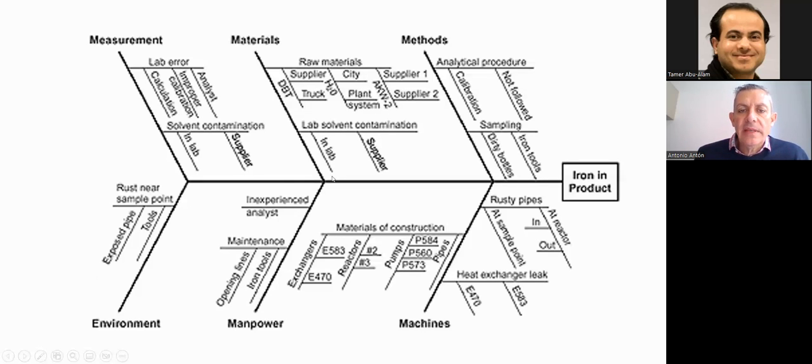Or perhaps it's methods, very simple methods, in terms of sampling or analytical procedure. They find the method comes from the analytical procedure or the sampling, and these are the different causes. Or machines: the different machines, rusty pipes or heat exchanger leaks.